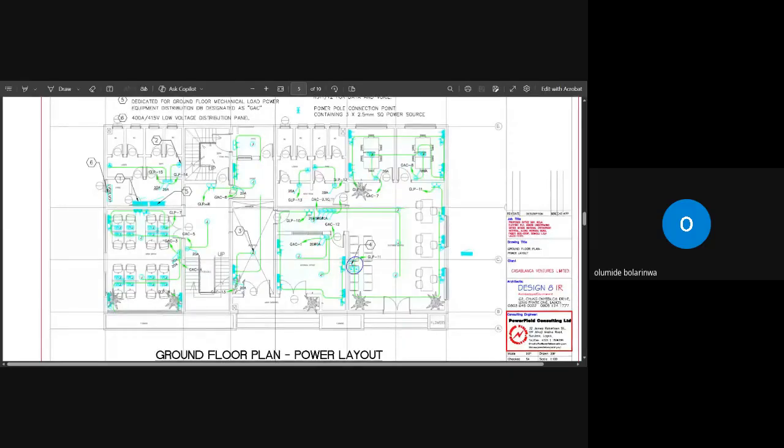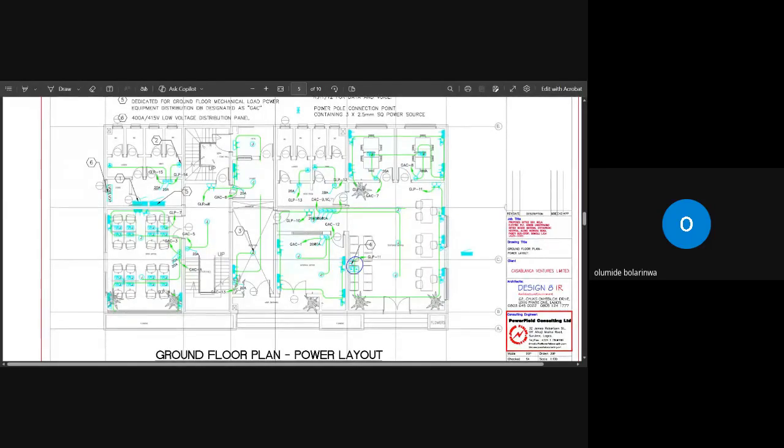I'm not taking much time on this aspect because I know that if you are able to measure one cable, you should be able to measure the rest.